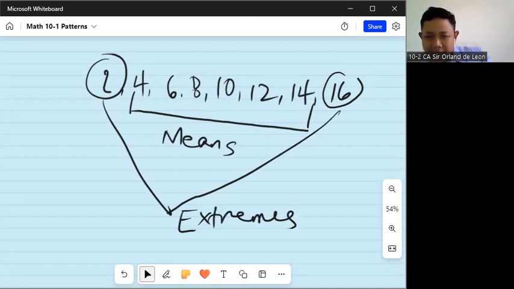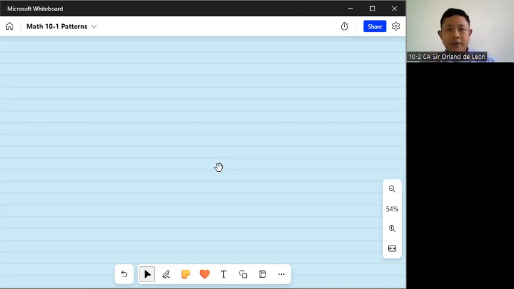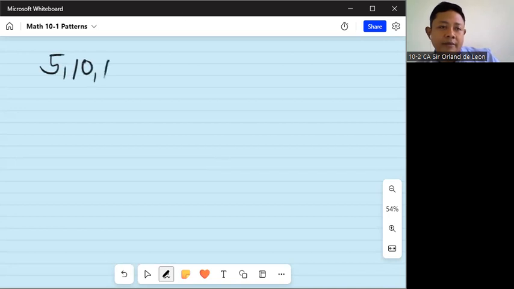Okay. Now, let's go a little higher. Now that you already know the different kinds of sequences and what you call the terms for a finite sequence, let's now move on with the formulas. Because of course, for example, we have the pattern 5, 10, 15, 20, etc. That's an infinite sequence.